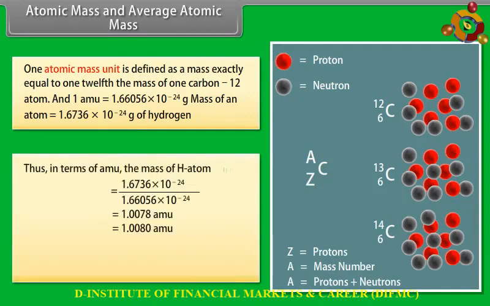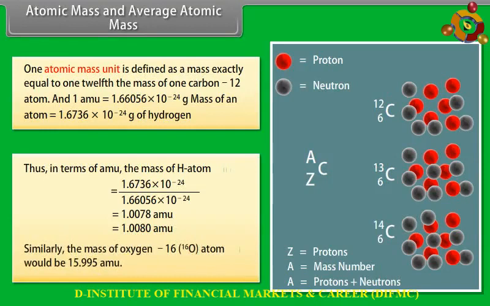Thus, in terms of amu, the mass of an H atom is equal to 1.6736 × 10^-24 divided by 1.66056 × 10^-24, which is equal to 1.0078 amu, which equals 1.0080 amu.